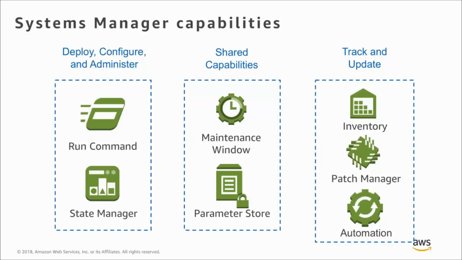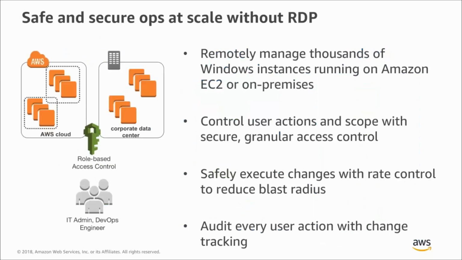You can leverage Inventory and Systems Manager to collect all the information about what's installed on each Windows instance, as well as Patch Manager, which allows you to select and deploy which OS patches, and how you want to automatically patch different groups of Windows instances. This is just an example of how you can use Systems Manager to help you achieve safe and secure operations at scale.